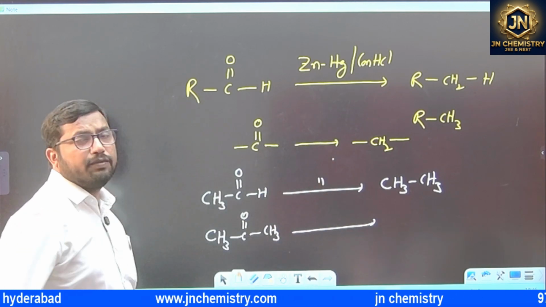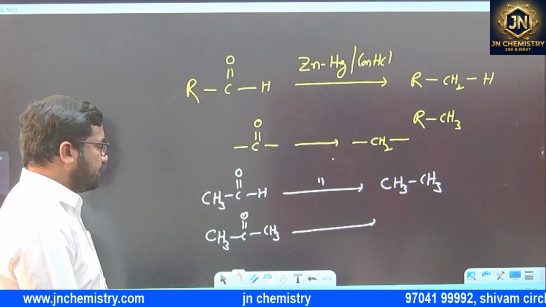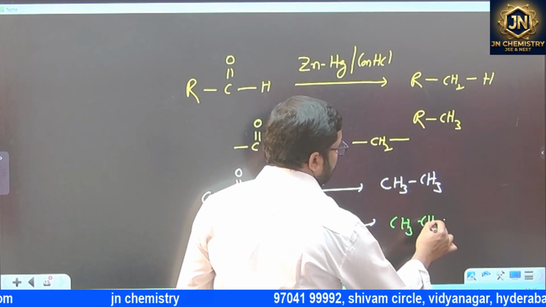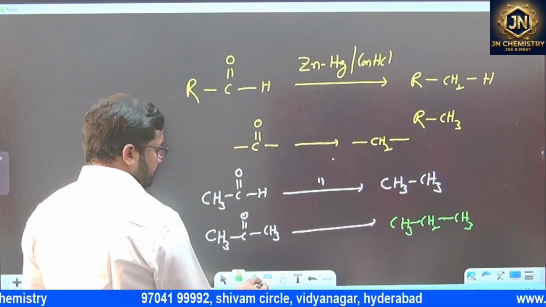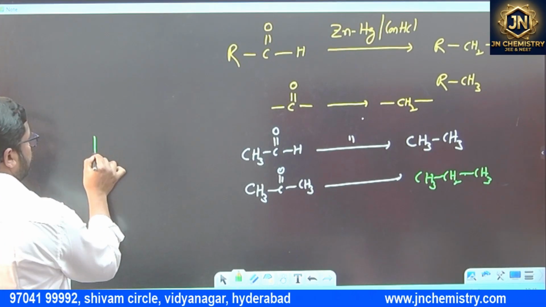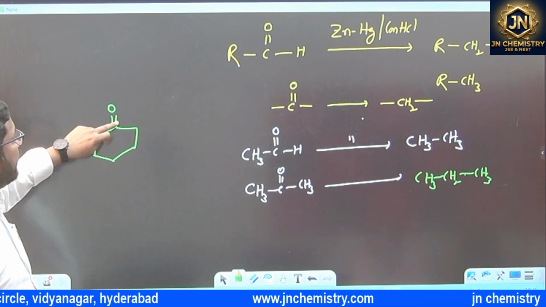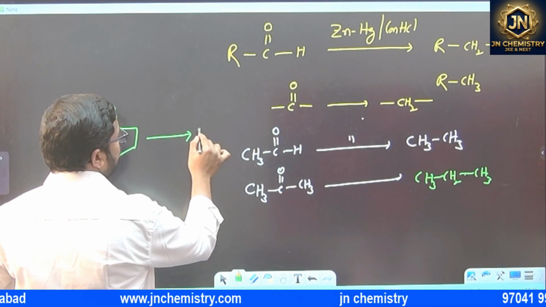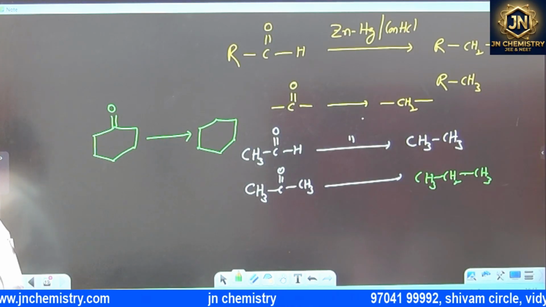Not only zinc amalgam in presence of concentrated HCl, we can take hydrazine in presence of base as well as HI in presence of red phosphorus. For example, C double bond O. We don't like this C double bond O group; we want to remove it. What do we need to do?